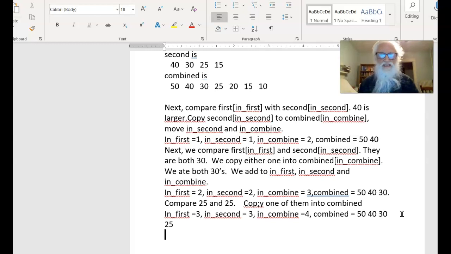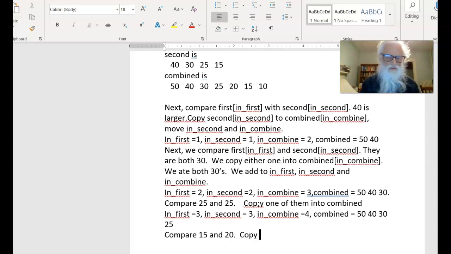Well, let's see now. We're going to compare 15 and 25. Now we're going to copy, wait a minute, we used 25. We're going to compare 15 and 20.